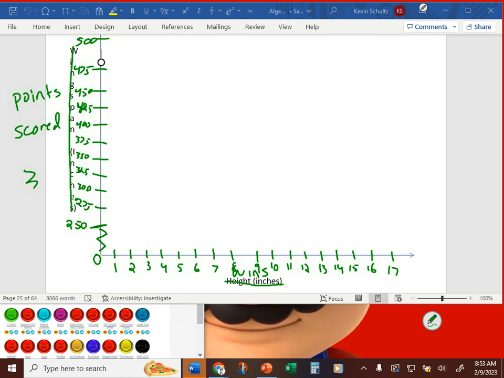Their point is going to be 14 on X, 496 on Y. It's going to be right about there. Our next one, Eagles, 14 wins, 477 points. They're going to be right about there, vertically with the Chiefs, because they both have the same number of wins, the same X, but a little bit lower on the Y-axis because they scored a little bit fewer points.